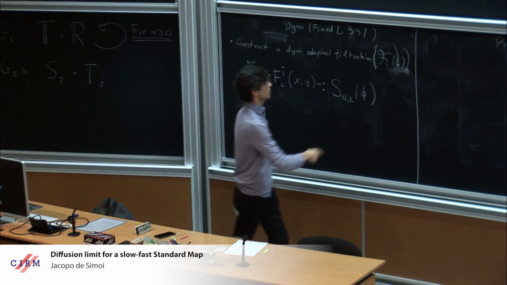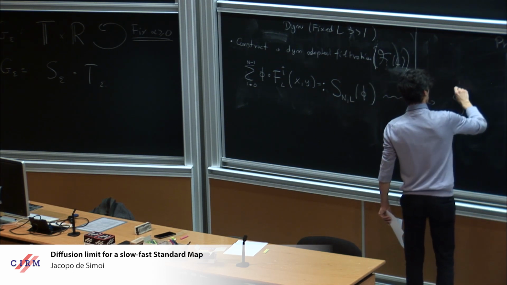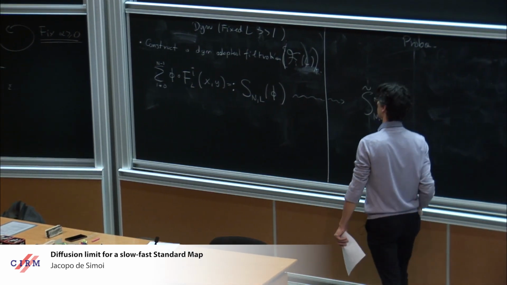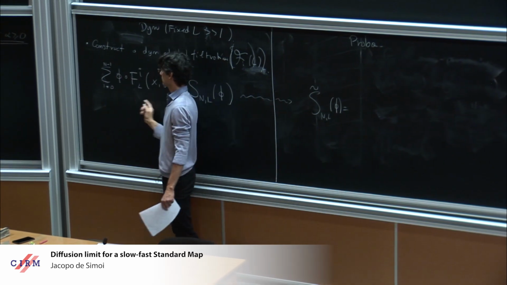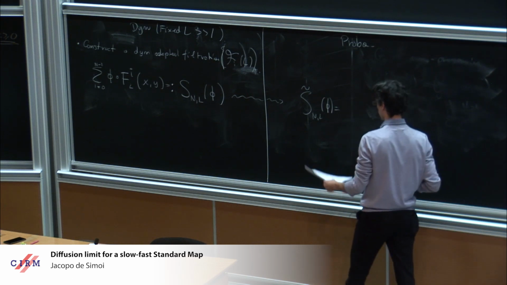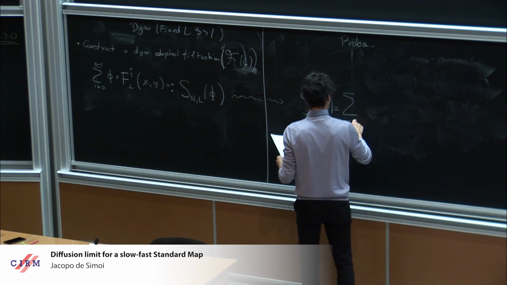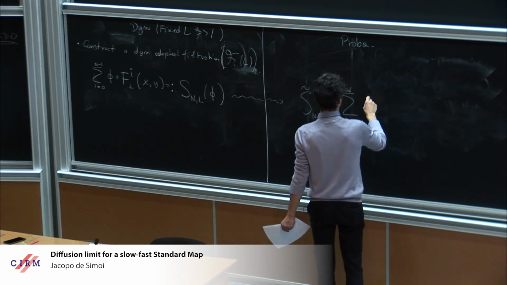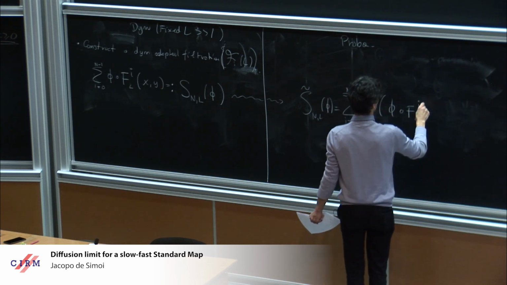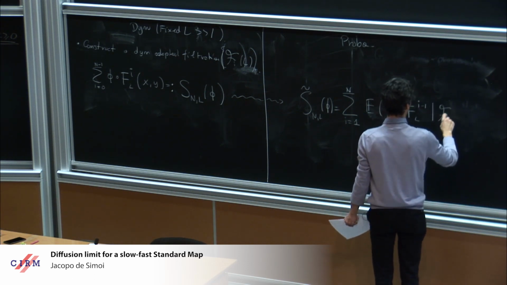And then, using this filtration, I want to go to the other side of the board and study another object, which is the conditional expectation of phi after f^{L}, i minus 1, with respect to F_i.